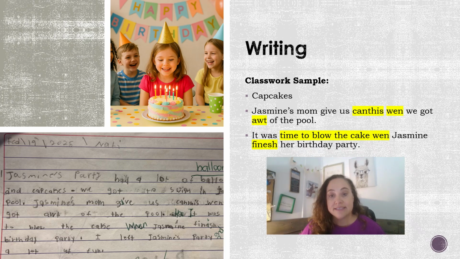And then as the second sentence, Jasmine's mom gave us can this when we got out of the pool. My guess is that she is looking at that word can this as thinking about that th as a the, so can these instead of this.